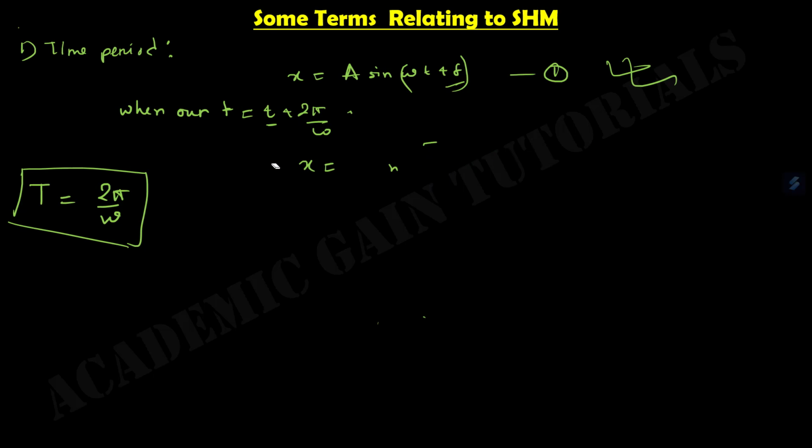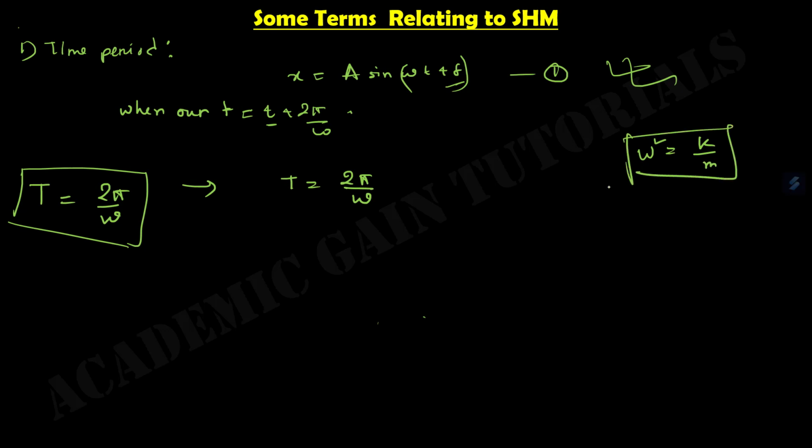Now another point: how to find the frequency. We know T equals 2 pi by omega, and we know omega square equals k by m. We just proved this in our previous slide.